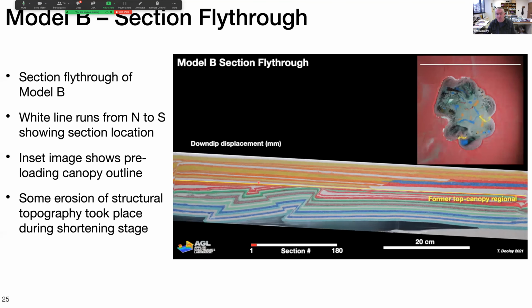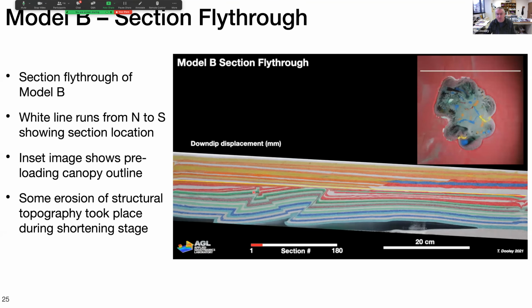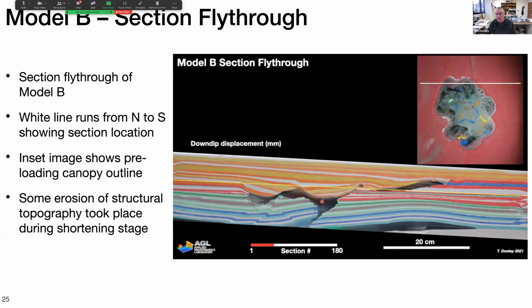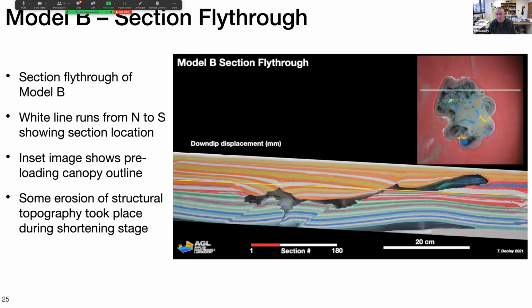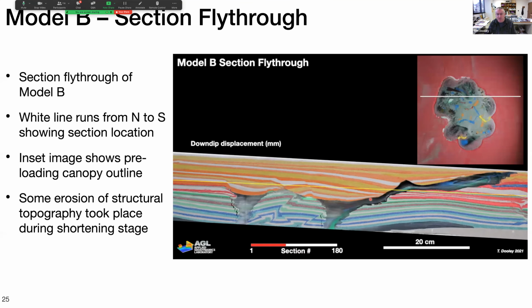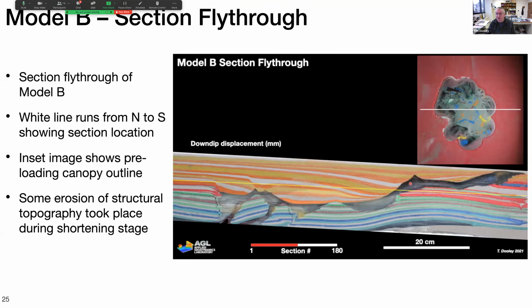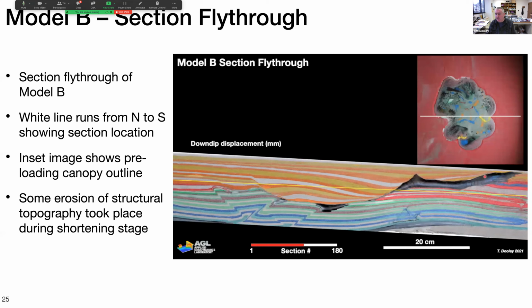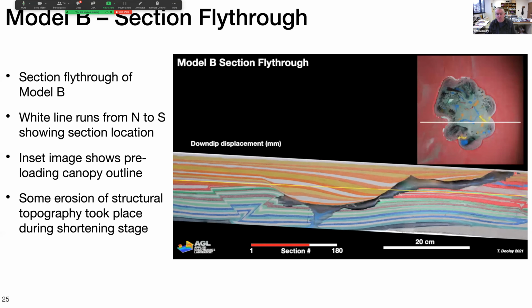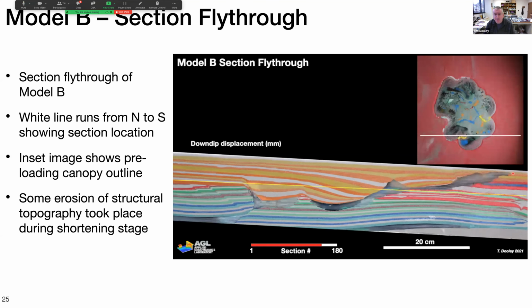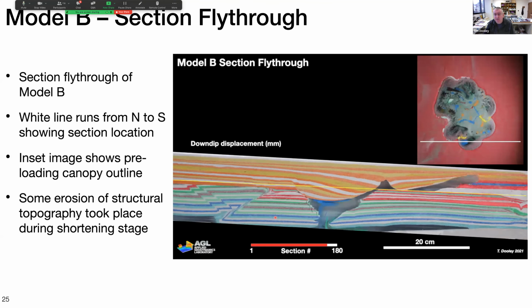So we're outboard. Here's the areas on the edge of the canopy shortening. Then we're into the canopy area. Here's our extensional mini basins here. Salt being expelled outboard and upwards all the way up in through here. And we will see that in a section on the next slide, etc.